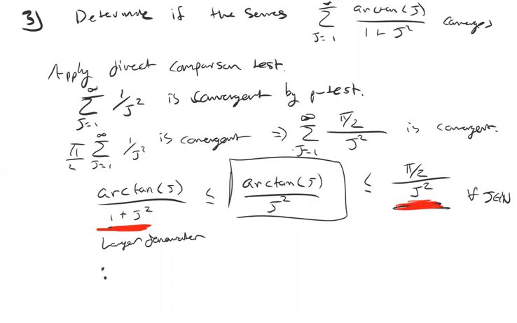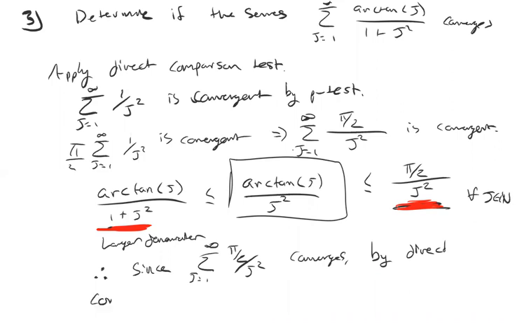Therefore, since the sum of pi over 2 over j squared, j is 1 to infinity, converges, then by direct comparison, we have that the sum j equals 1 to infinity arctan of j over 1 plus j squared converges.